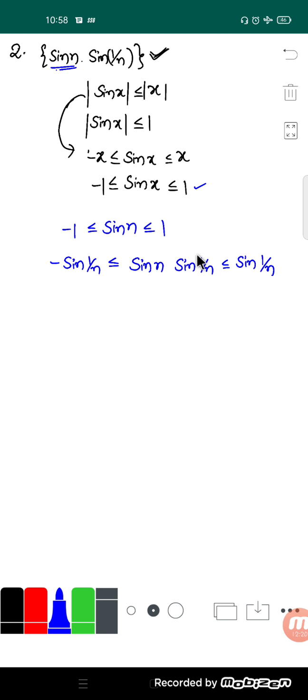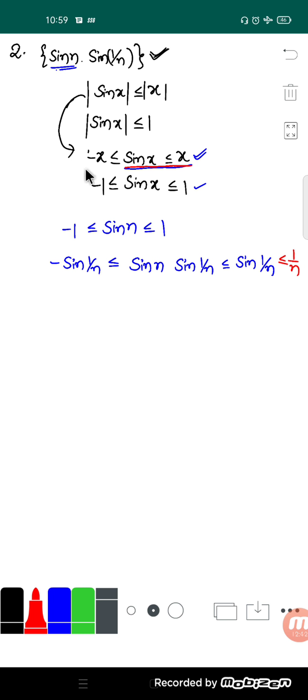As we know, we use another inequality, the first one we used here. Keep this in mind: sine x is always less than or equal to x. So sine 1 by n is less than or equal to 1 by n.